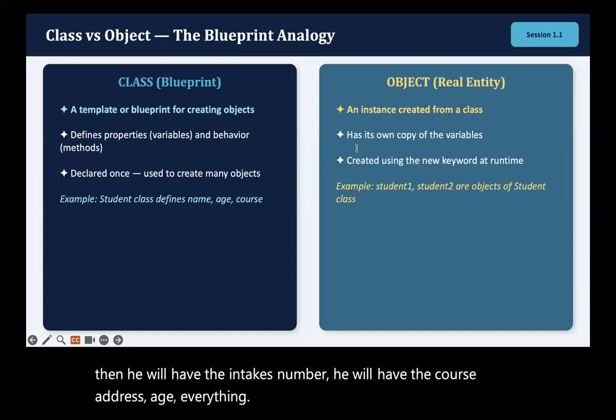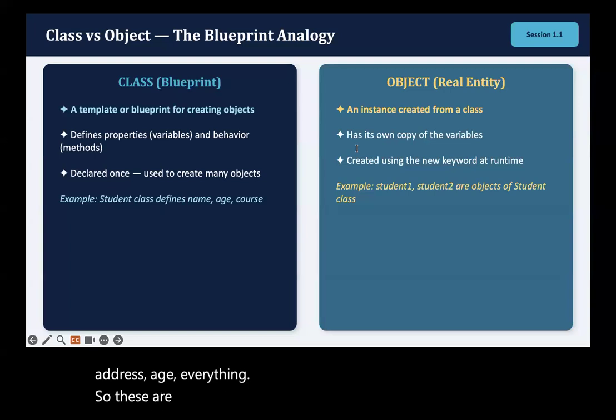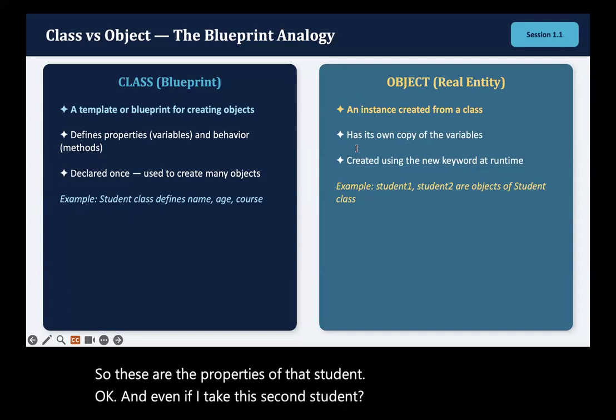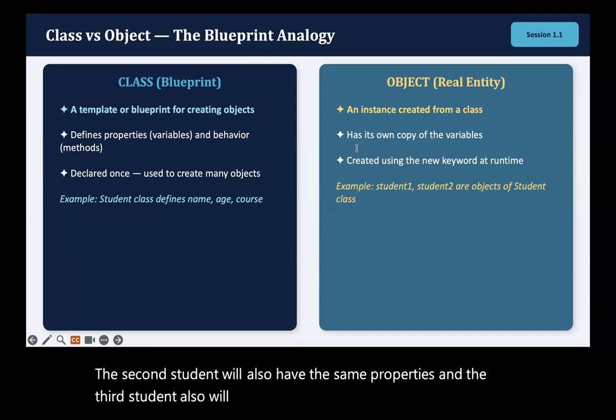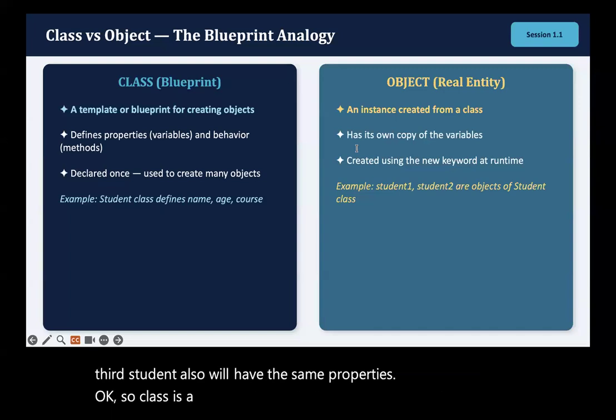So these are the properties of that student. Even the second student will have the same properties, and the third student also will have the same properties. So a class is a collection of objects that share common properties.